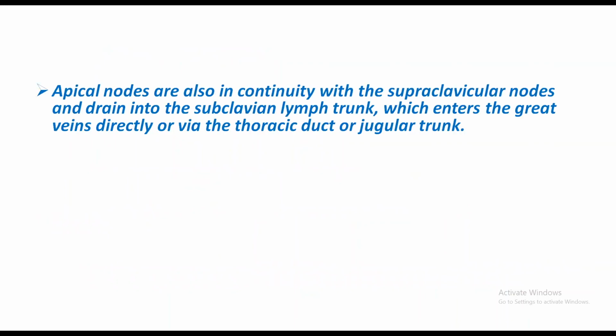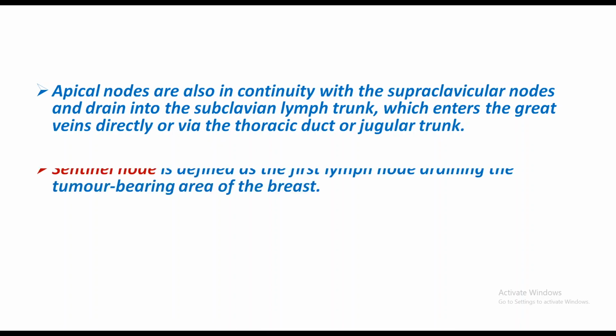Apical nodes are also in continuity with the supraclavicular nodes and drain into the subclavian lymph trunk, which enters the great vein directly or via the thoracic duct or the jugular trunk.